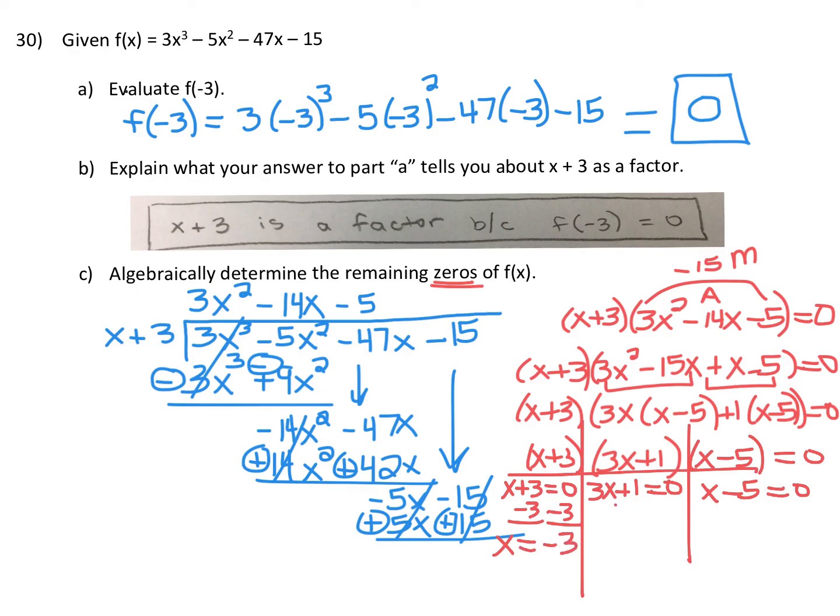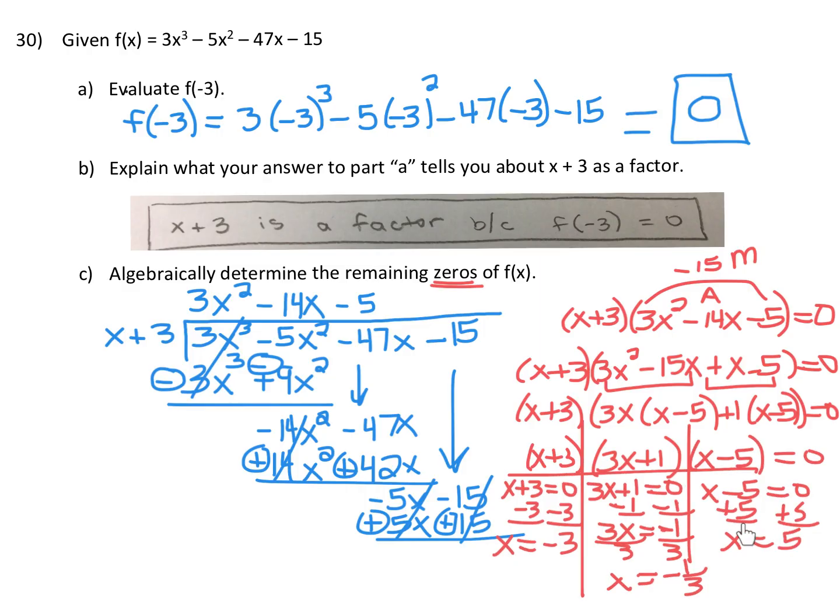Okay, the next one, we have to subtract 1, giving us 3x equals -1. And then when we divide by 3, that's a negative sign, we get x equals -1/3. And then over here, we're going to add 5 to both sides, giving us x equals 5.